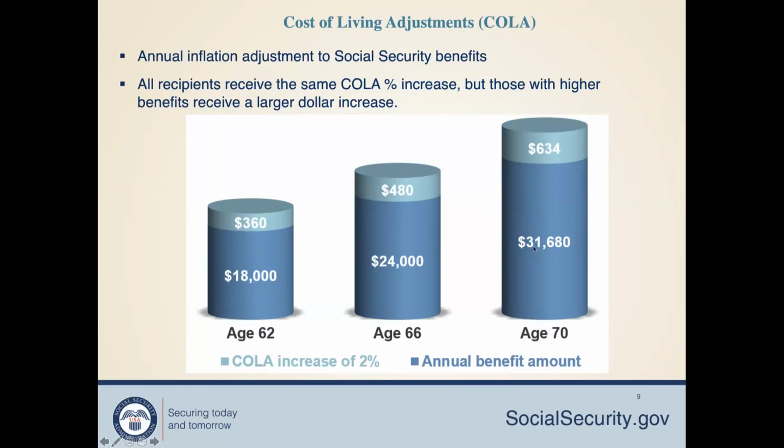With 31,680, your COLA will also increase, because they want to keep that constant. They want to make sure that you get at least that much purchasing power throughout your lifetime.